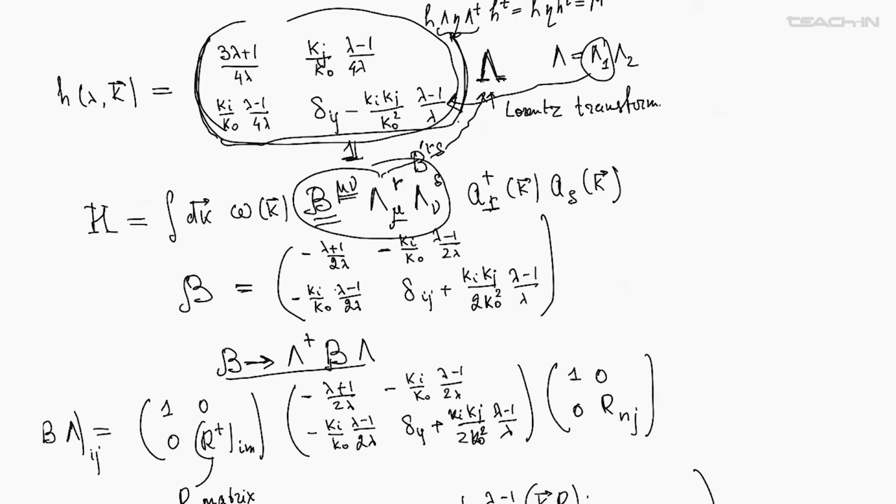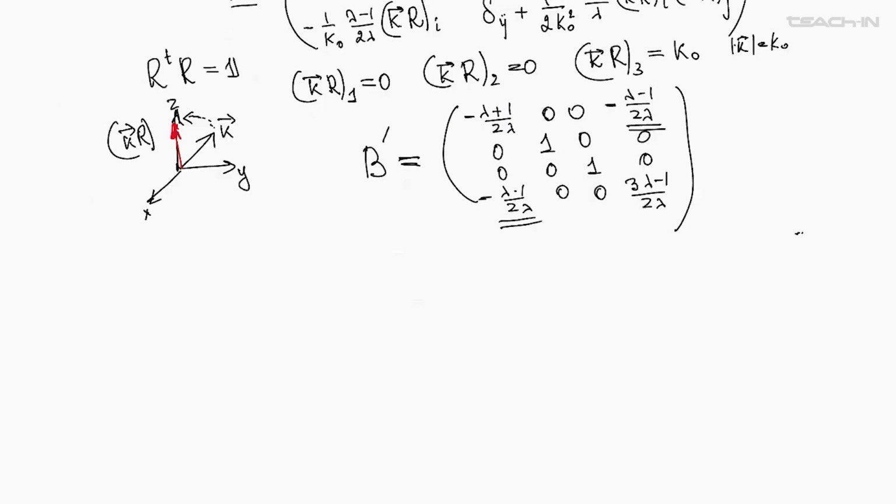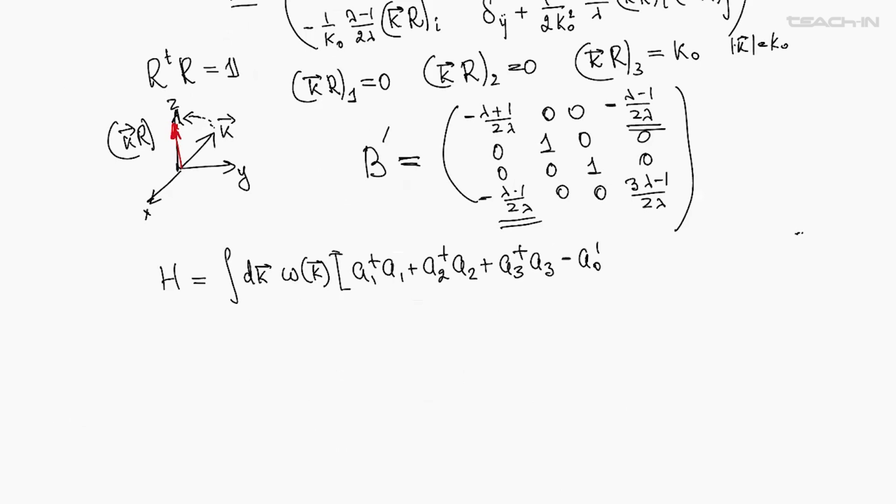So the Hamiltonian takes this form: integral dk omega of k, a1 dagger a1 plus a2 dagger a2 plus a3 dagger a3 minus a0 dagger a0 plus, this is all lambda-independent terms, and then lambda-dependent terms come in the following form: a0 dagger minus a3 dagger, a0 minus a3.